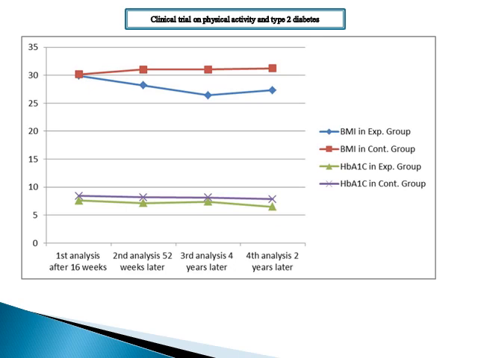As we see, the group exposed to physical activity has better body mass index, which is normal, around 25, and hemoglobin A1C in the exposed group is also around 5.5, which is normal, compared to what? To the control group, who has not been exposed to physical activity.